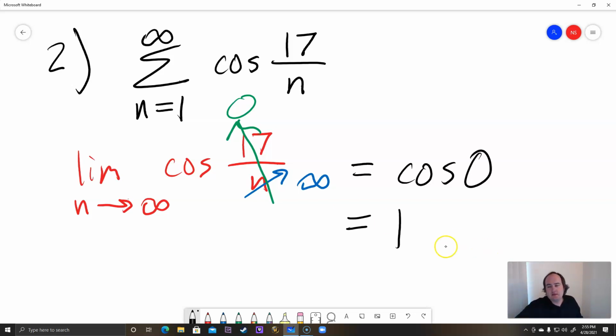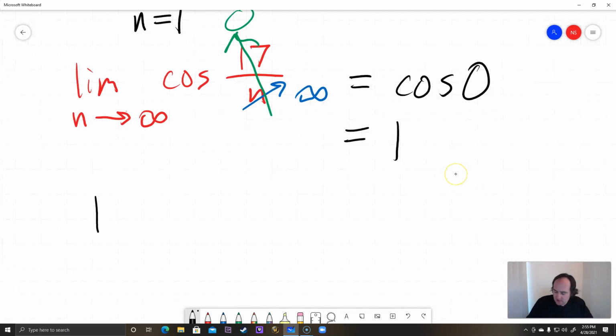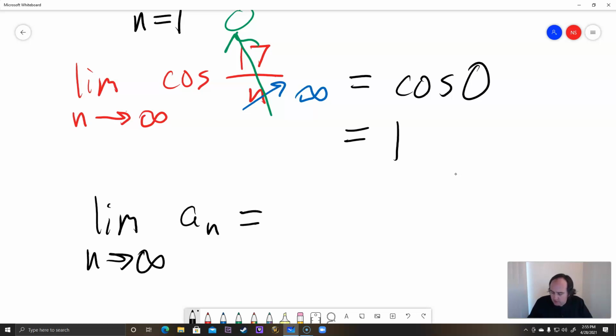So what that means is the limit as n goes to infinity of a sub n equals 1. And because that is not equal to 0, that means the series diverges.